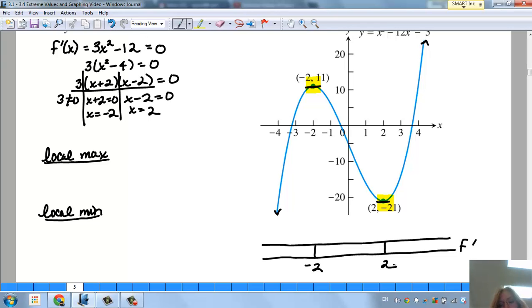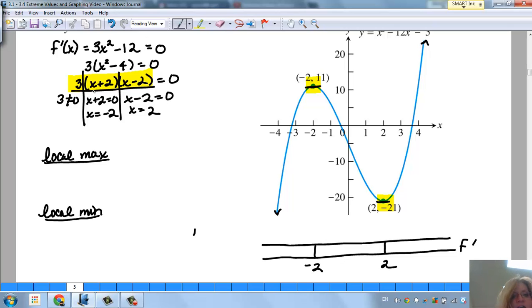Now I want you to see where your function is increasing and decreasing. If I pick a number to the left of negative 2, let's say negative 3, I'm going to come back up to my factored version and quickly plug in negative 3. You could also put this yellow into your graphing calculator and look to the right of these points, looking at basically what the signs are.